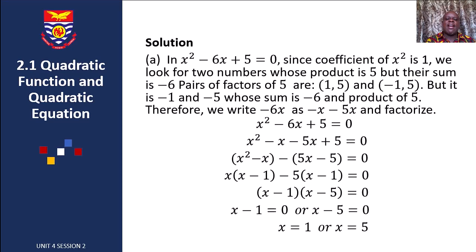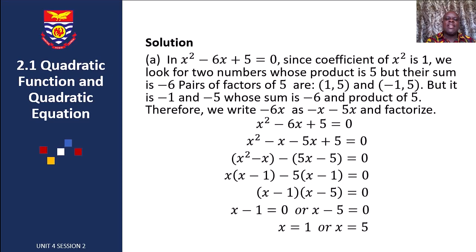Now, there are different pairs of factors that you can use. You can use 5 and 1. You can also use negative 1 and 5. If you use 1 and 5, we see that 1 times 5 is 5, which is true, but 1 plus 5 is 6, and the middle term is negative 6. So we can't use 1 and 5. Let's go to negative 1 and 5.